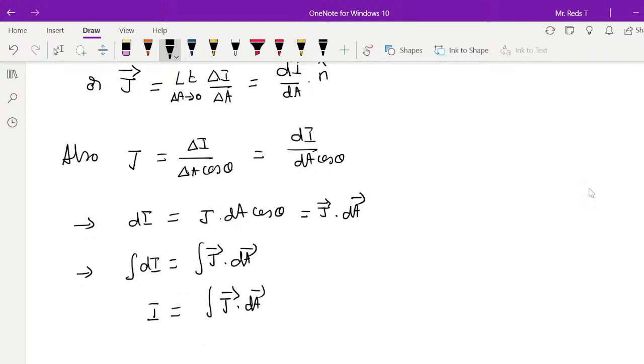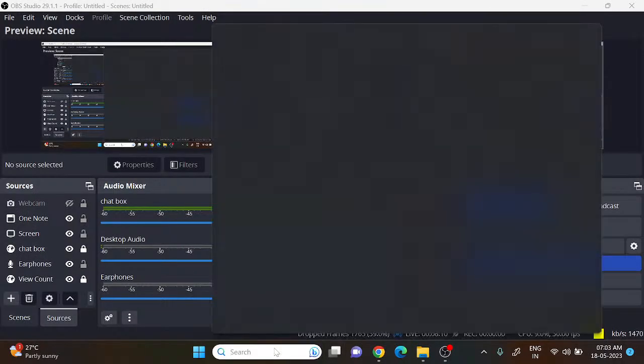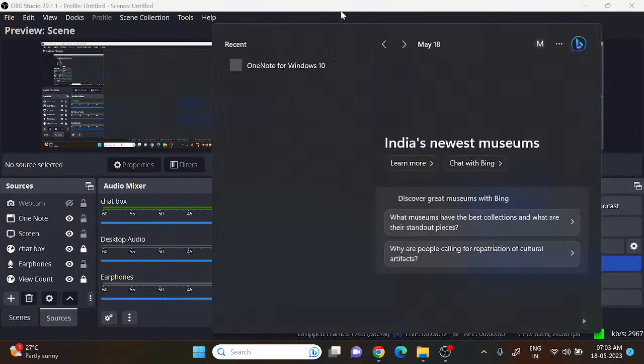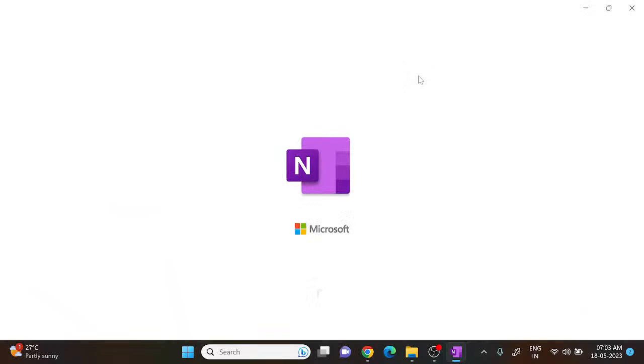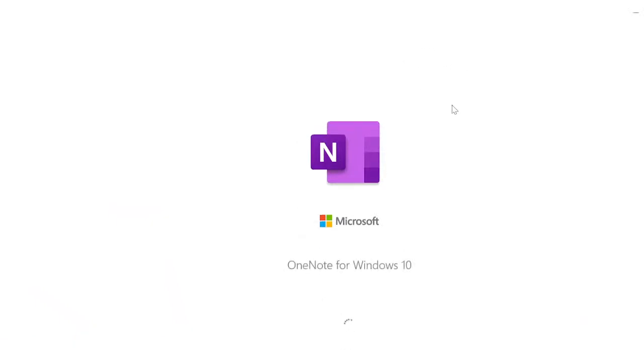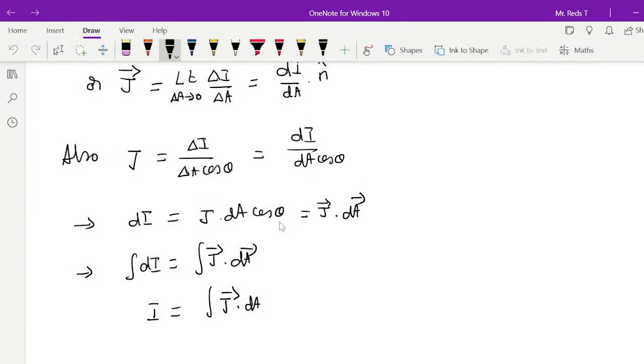It is not opening. One note. This kind of technical issues will come across many times. Right. I see.